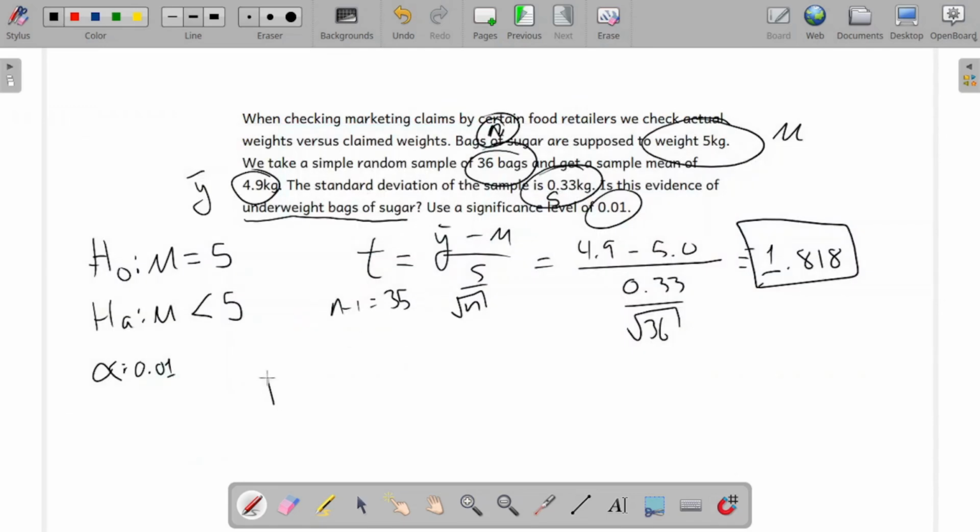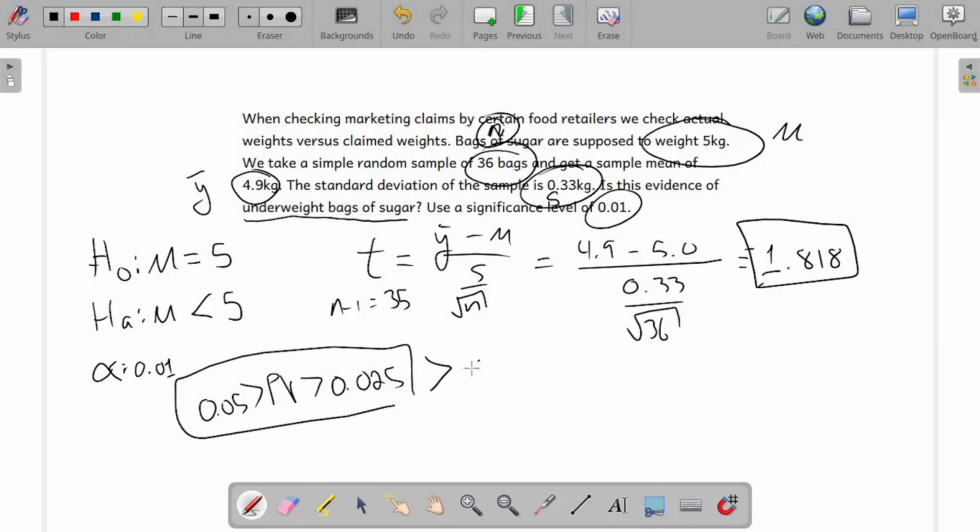Well, with our p-value less than 0.05 and greater than 0.025, this interval is entirely greater than the 1% level of significance. So while there is evidence of underweight bags, it's not significant.